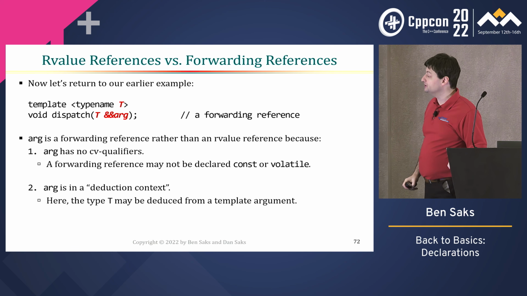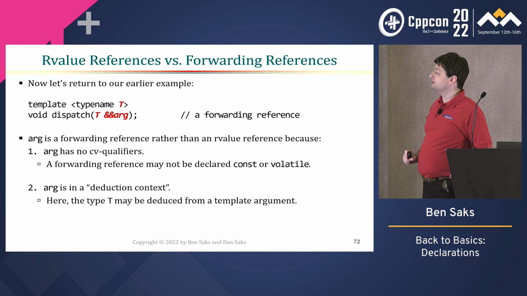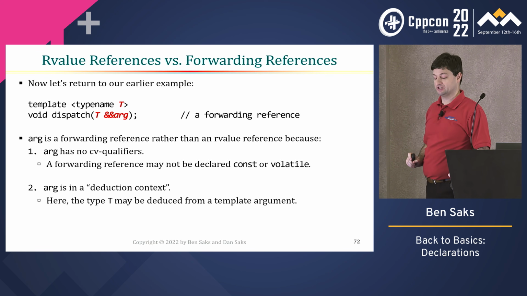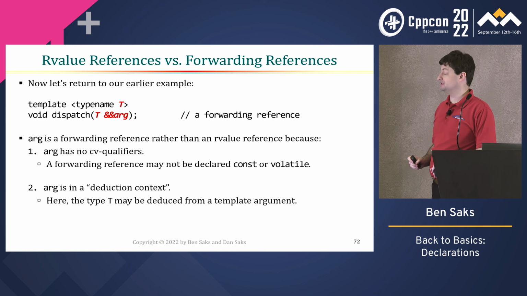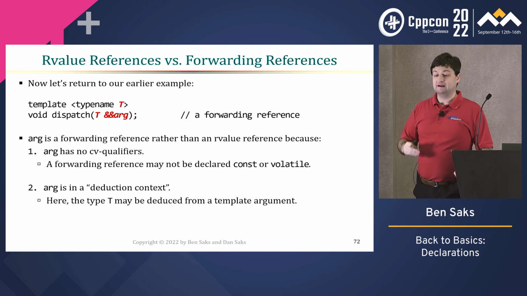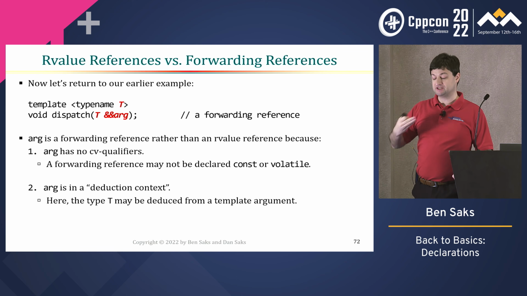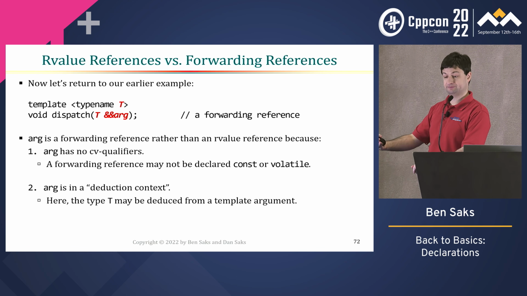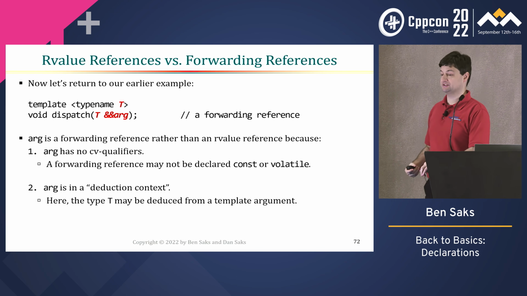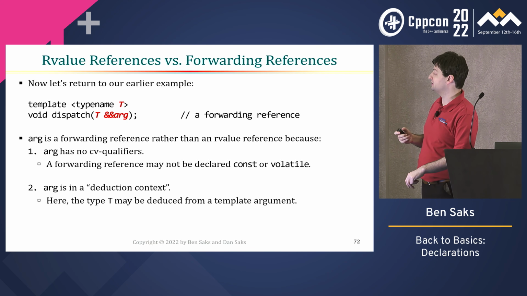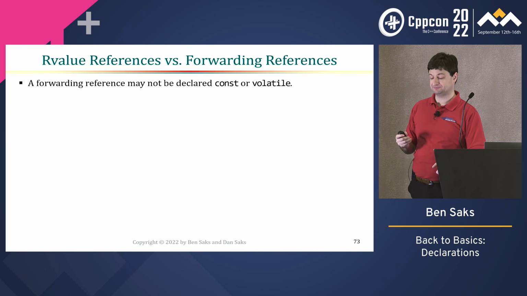The second rule is that arg appears in a deduction context. And that makes it possible for it to be a forwarding reference. So the type T on that line is something that may be deduced based on the argument passed to dispatch. That's also a necessary condition for arg to be a forwarding reference here.